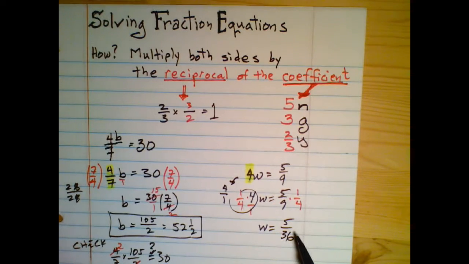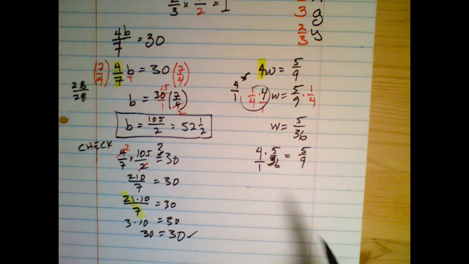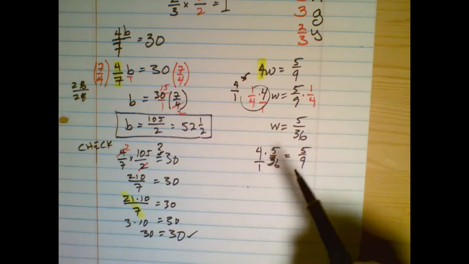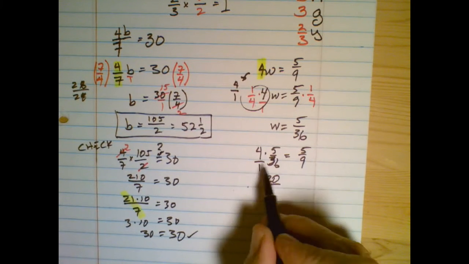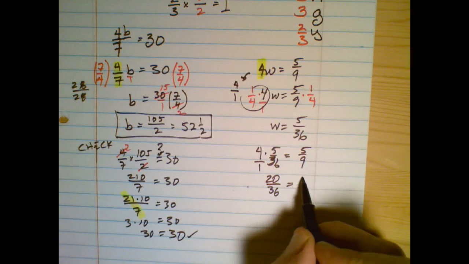Let's check this, see if it works. So if I plug it back in, 4 times 5 over 36, will that equal 5/9? Well, if I write 4 as 4 over 1, 4 times 5 is 20, 1 times 36 is 36.